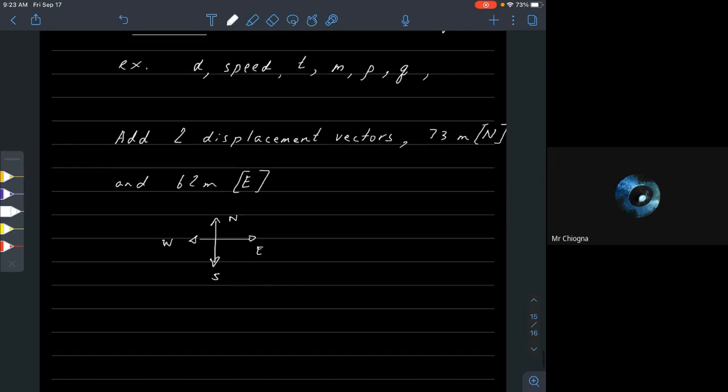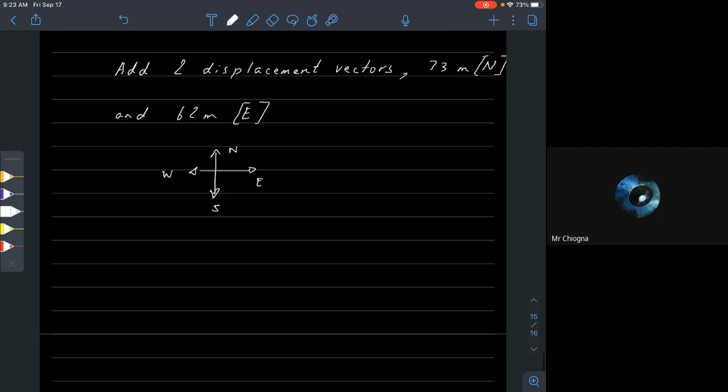We're just interested in drawing the arrows in the right direction and adding them up. How do you add them? Okay, so this is the northerly direction. This is the north vector, that's the 73 meter one. And this is the easterly, the 62. It's not quite as long, it's a little shorter.